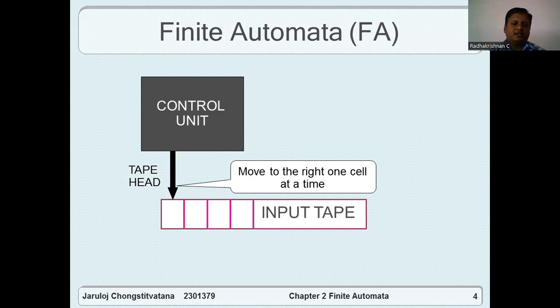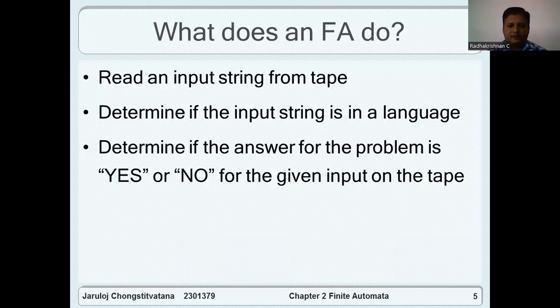Initially it points to the leftmost end of the given input. Once the first input is read, it moves one position to the right. At a time only one position is moved, not more than one. Once the second input is processed, the tape head immediately moves to the next input reading operation.